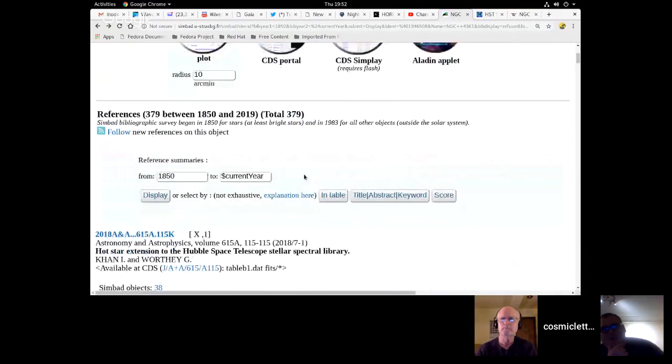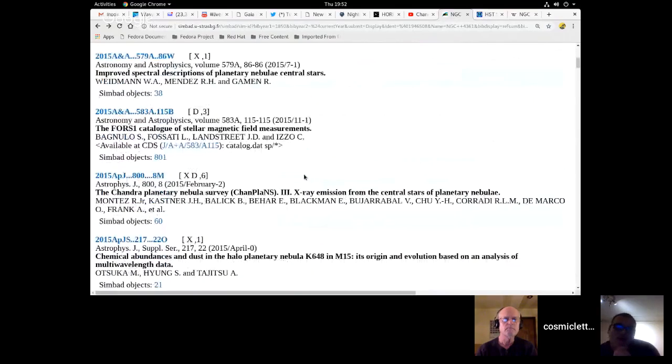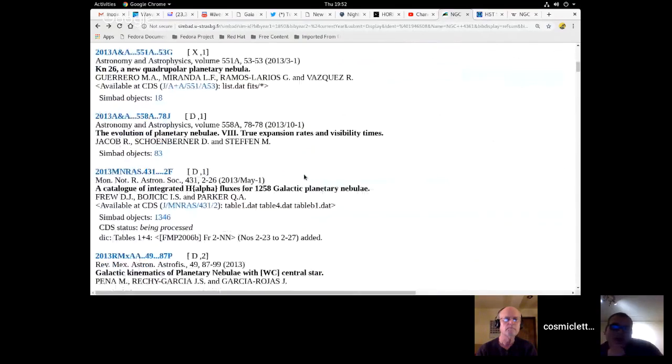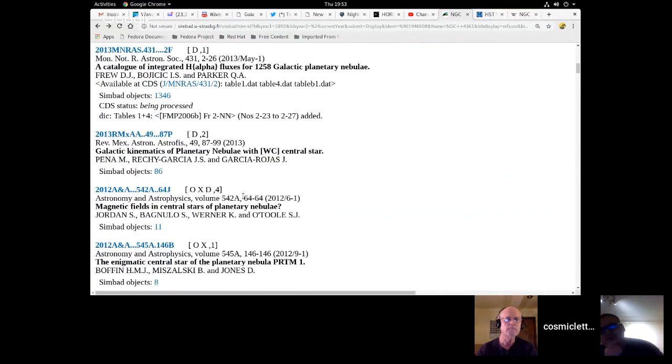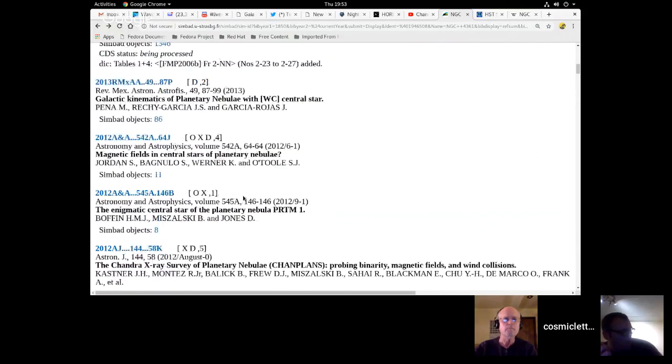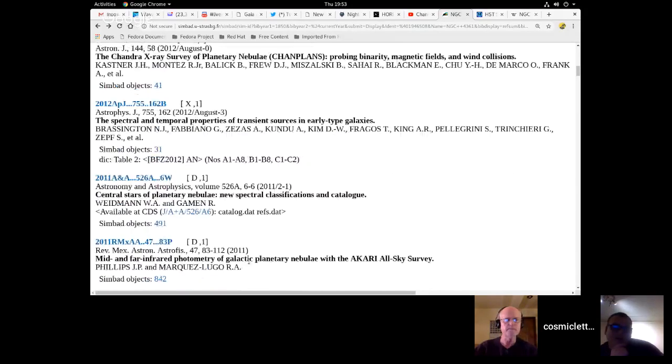For whatever reason, looking at it in the X-ray, H-alpha, kinematics, which is just how it's behaving, how it moves, how it does what it does. The enigmatic central star of PRTM1. These crazy names. I like them.